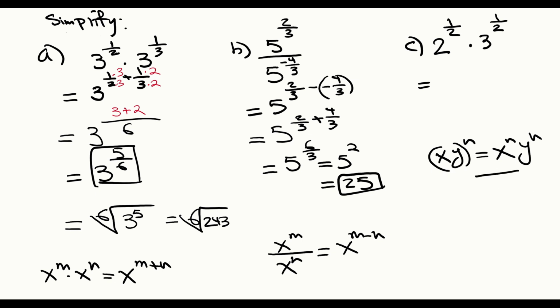So right to left. So that means I can write this as 2 times 3 to the 1/2, and I realize that's 6 to the 1/2, and if I wanted to, I can also write it as the square root of 6.